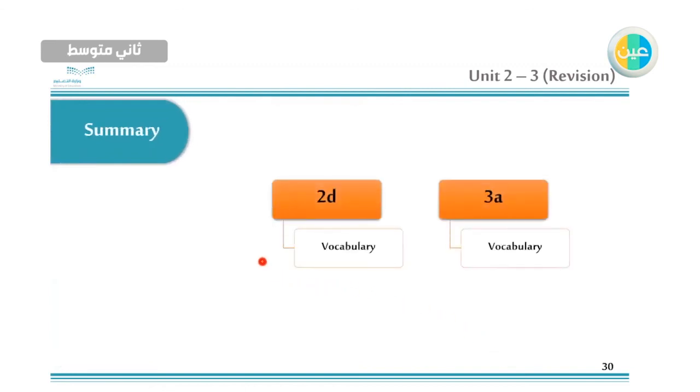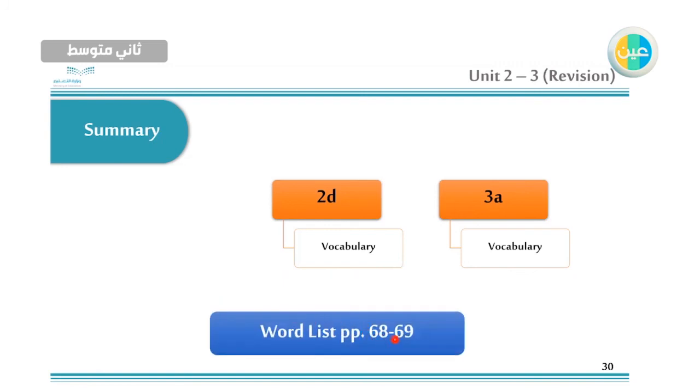Alright, so to summarize, we had some vocabulary in lesson 2D and lesson 3A, and to find out more about those vocabulary, please go to page 68 and page 69. You have the word list for the important words in all the lessons.